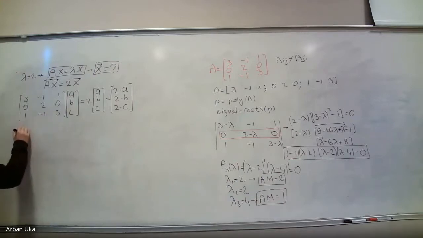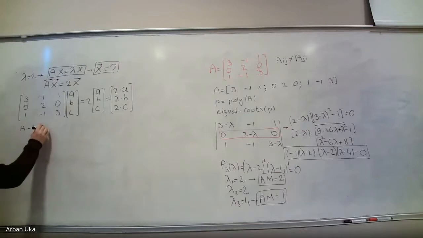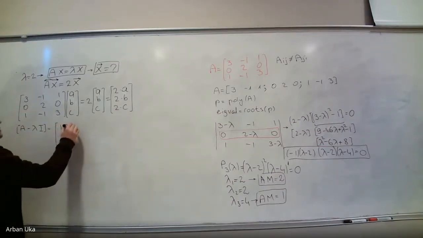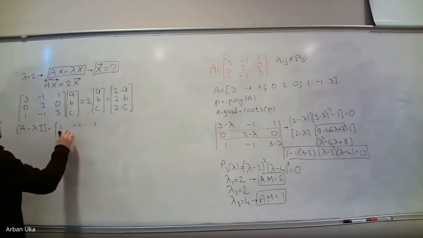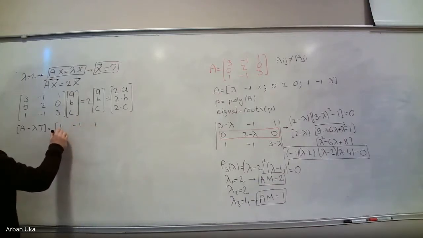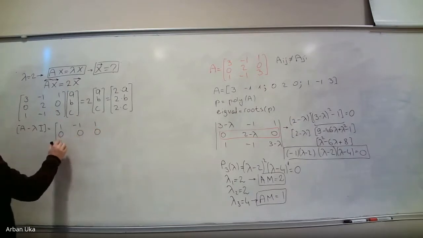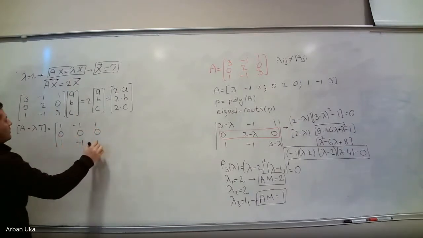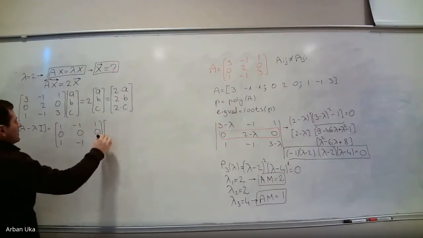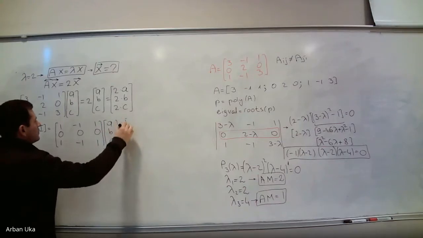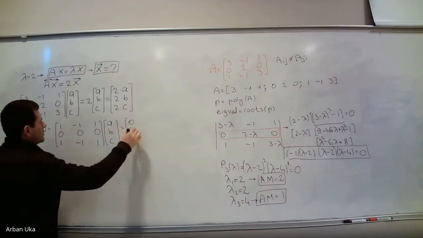Let's have A minus lambda I, and this would be equal to the matrix with rows 3 minus 2, minus 1, 1; 0, 0, 0; and 1, minus 1, 1. Times a, b, c, this is equal to 0, 0, 0.